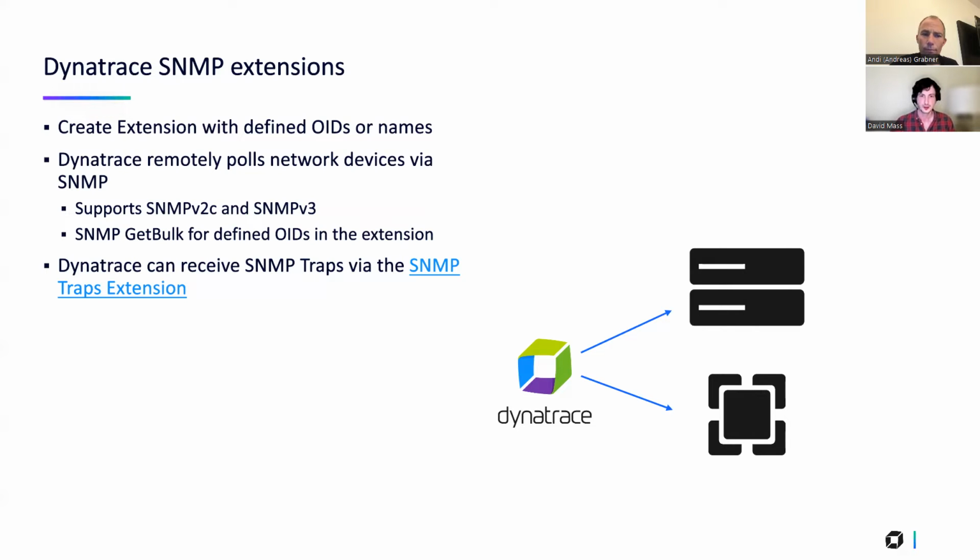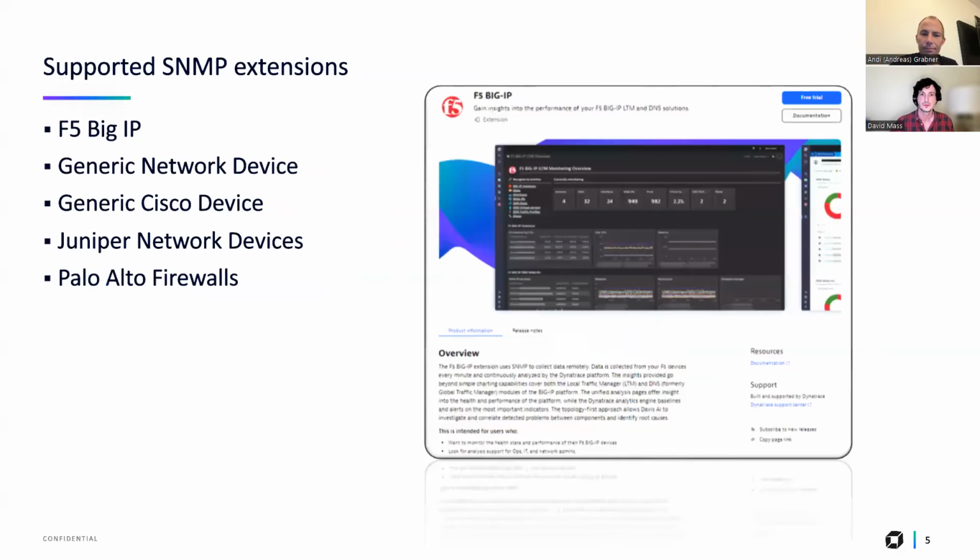We do already have a number of SNMP extensions built that are available on the Dynatrace Hub that you may be familiar with. The F5 extension is quite popular, as well as the generic Cisco and generic network devices. We also have extensions for Juniper devices, as well as Palo Alto devices.